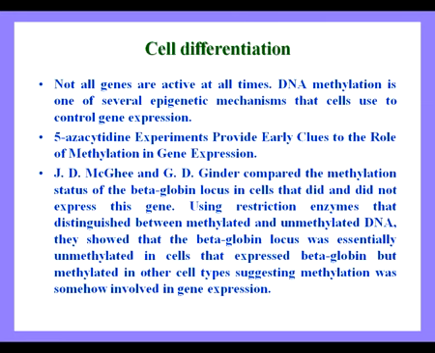Using restriction enzymes that distinguished between methylated and unmethylated DNA, they showed that the beta globin locus, this is important, was essentially unmethylated in the cells that were producing beta globin, and in cells where the beta globin protein was not present, the gene was found to be methylated.